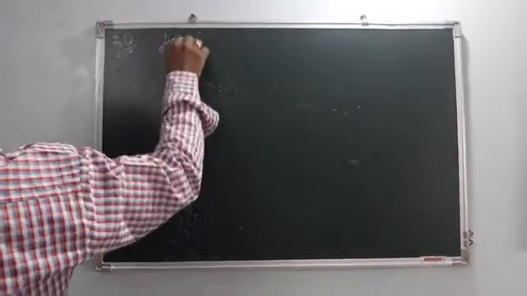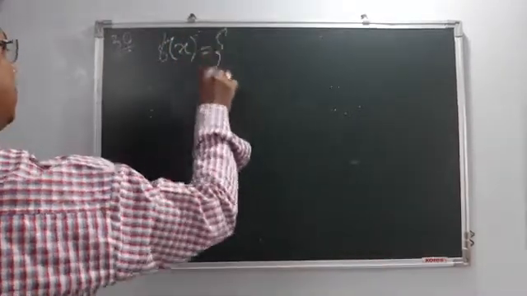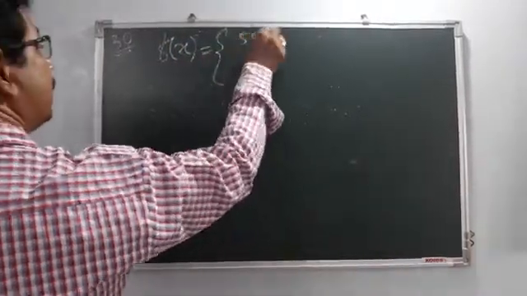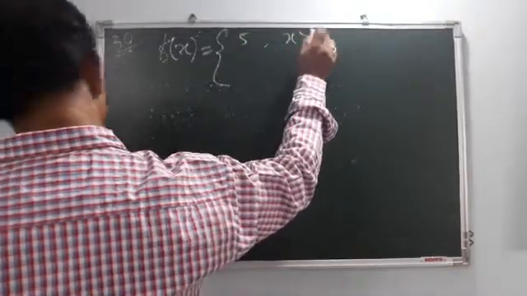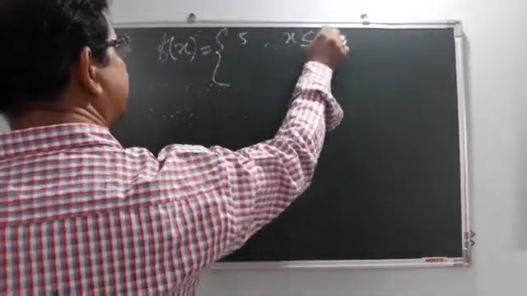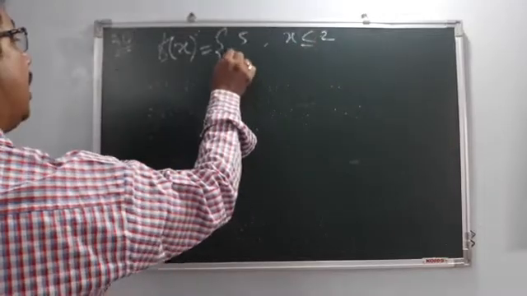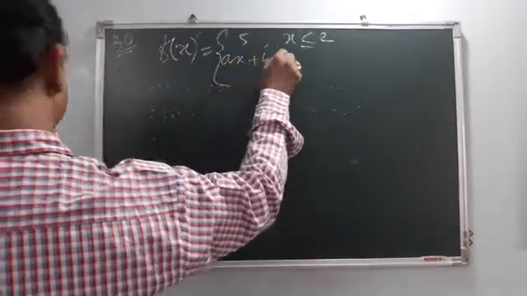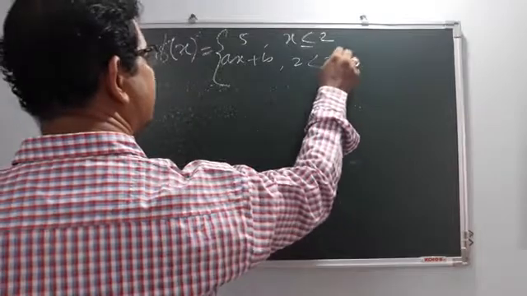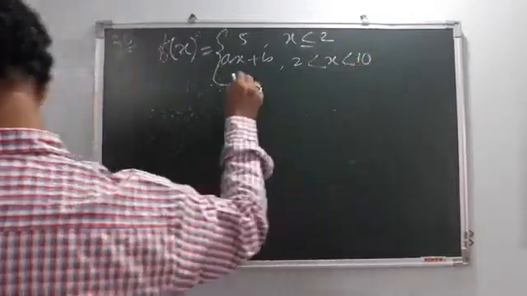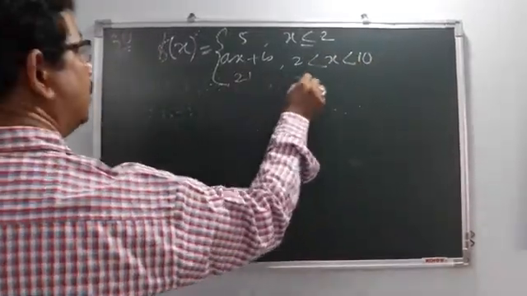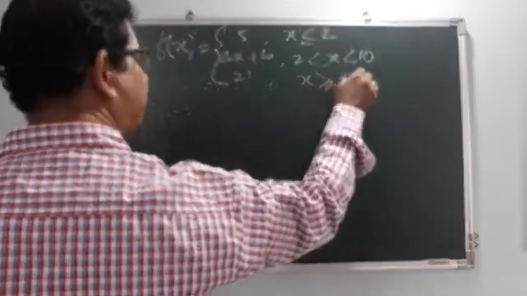Here f(x) according to them is given in 3 parts: 5 when x is less than or equal to 2, ax plus b if x is greater than 2 and less than 10, and 21 if x is greater than or equal to 10.